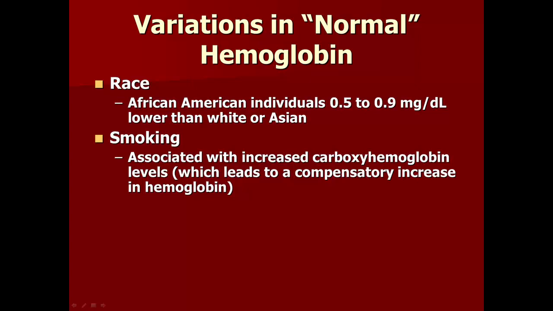So if that makes us compensate by putting out more hemoglobin, that's a good thing. It is a good thing. However, smoking is also pro-inflammatory. So when someone is a chronic smoker, they are in a pro-inflammatory state. And remember, we talked a little bit ago about the negative effects of the pro-inflammatory cytokines on the development of red blood cells.